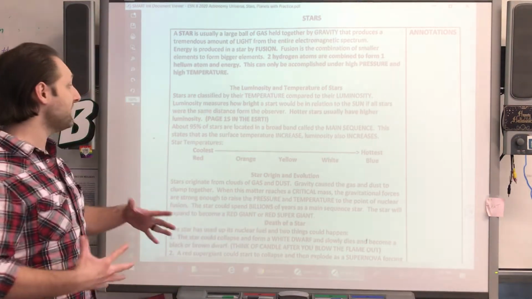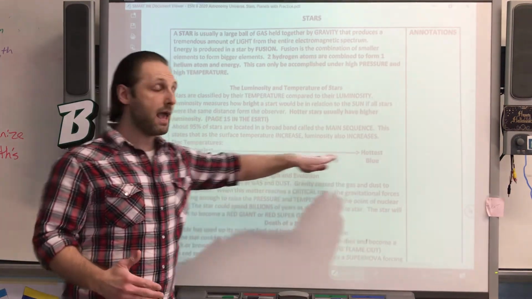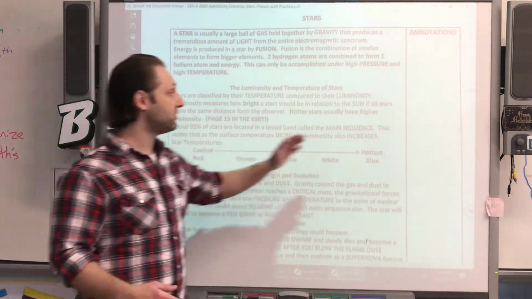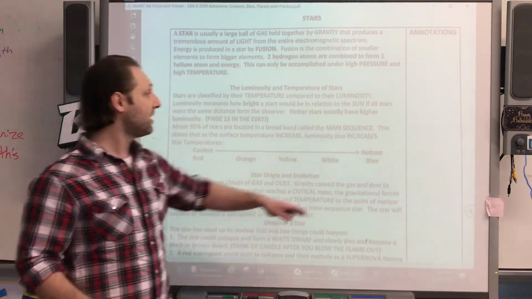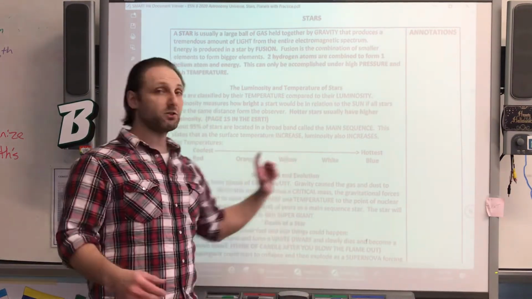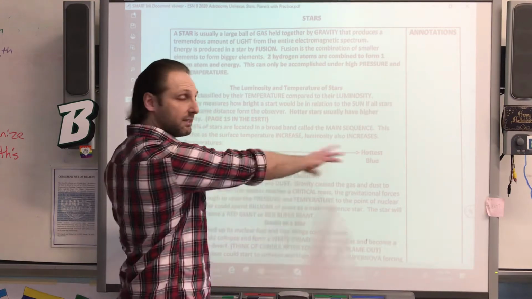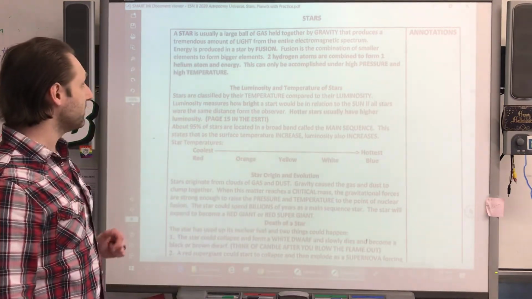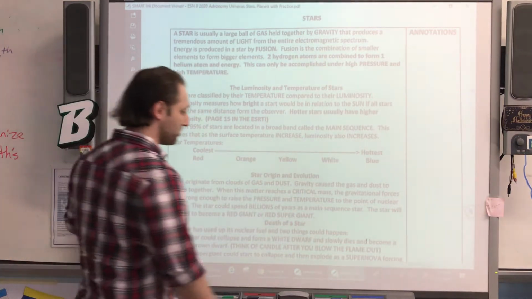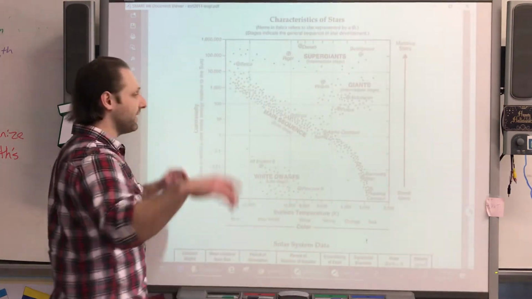We tend to have a scale of temperatures from red to blue, red being coolest, blue being hottest. This scale is actually reversed on our graph, so I don't want you to get overly attached to this right now before we take a look at that page. So with that said, let's go to the page.